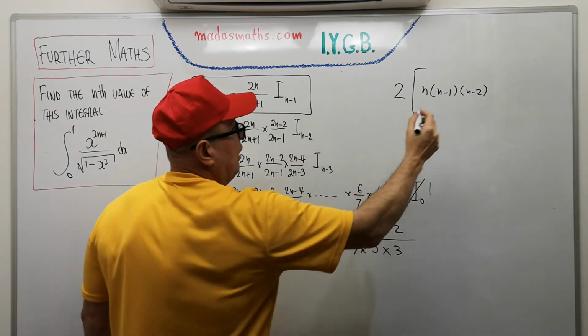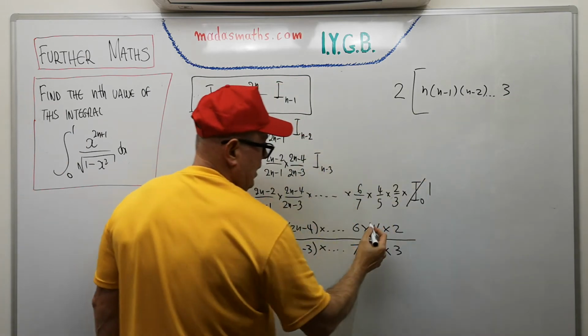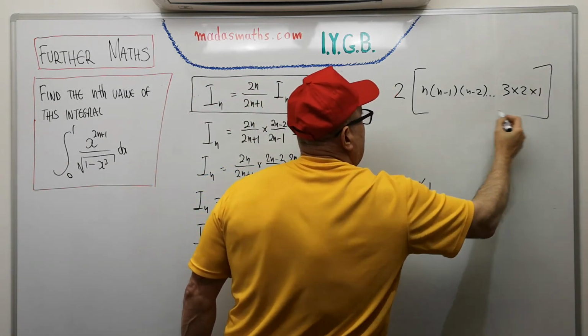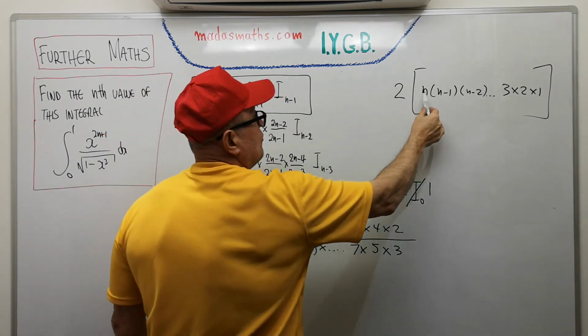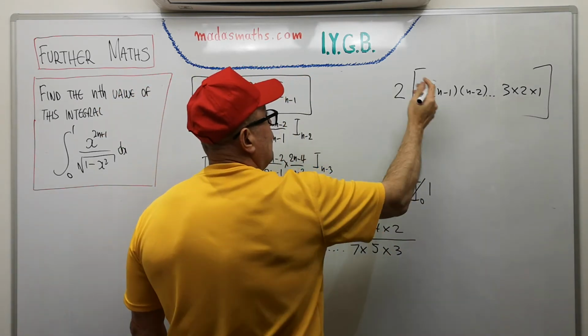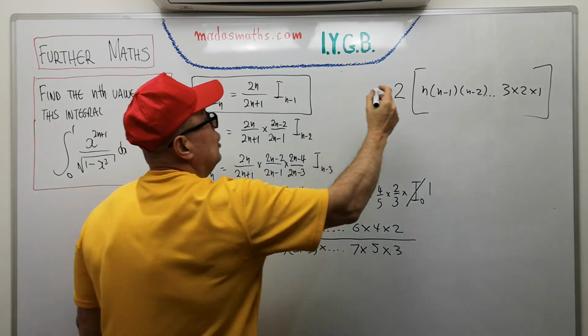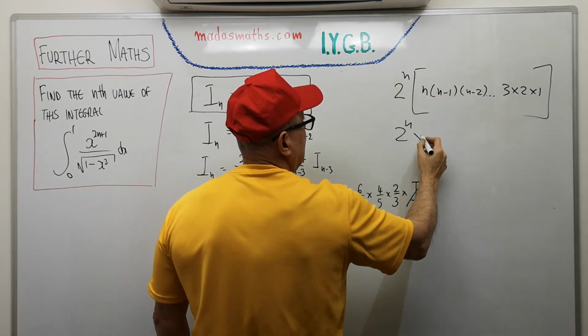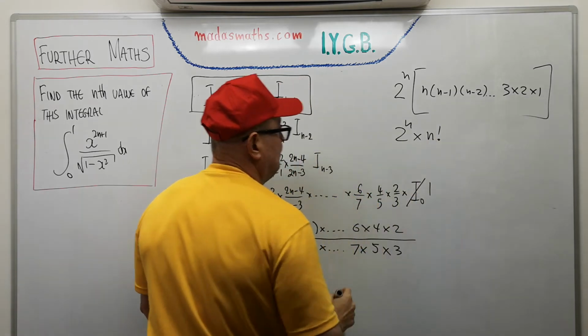And when you get to the 6, it's going to be 3 times 2 times 1. And the question is, how many 2's did we factorize? From 1 to n, we factorize 2 times 2 times 2, 2 to the power of n. And all of this is 2 to the n times n factorial.